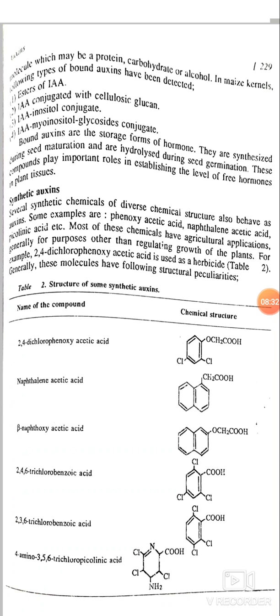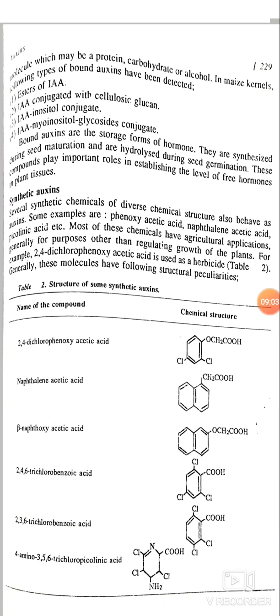Bound auxins are the storage forms of hormones. They are synthesized during seed maturation and are hydrolyzed during seed germination. These compounds play important roles in establishing the level of free hormones in a plant tissue.